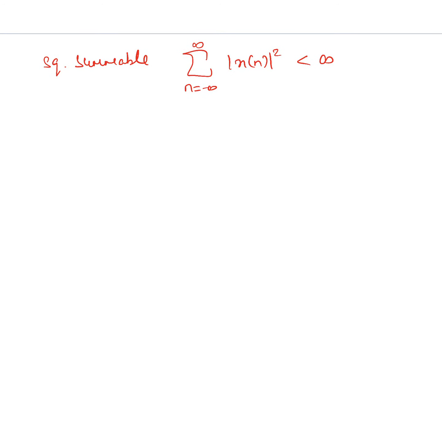So what does mean square convergence mean? Now we shall see the mean square convergence. Say we are given X of e to the power j omega, which is the sum from minus infinity to infinity of x of n e to the power minus j omega n.